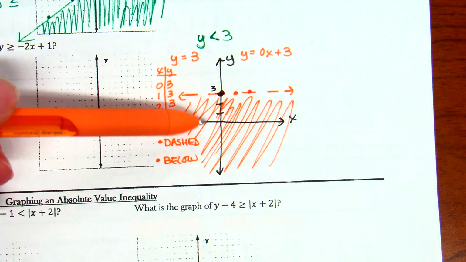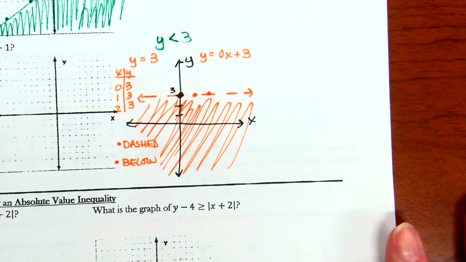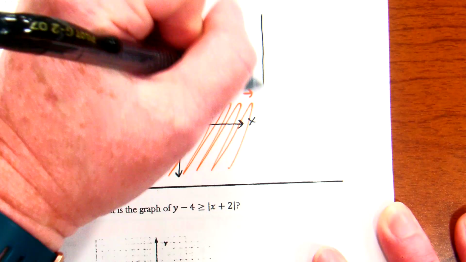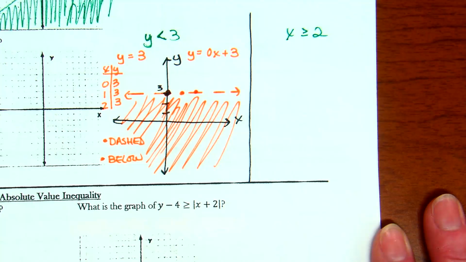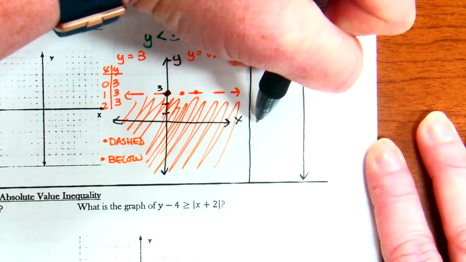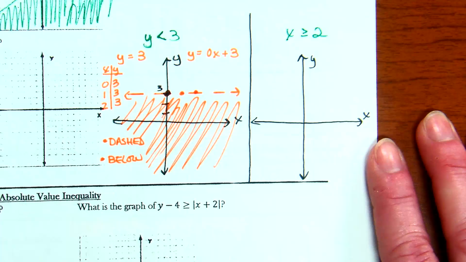I told you I had one other special example. You can probably guess what it's going to resemble. It's going to be what Kylie said. x greater than or equal to 2 is what I'm doing for this special example. So, X and Y axis, so I can graph this.